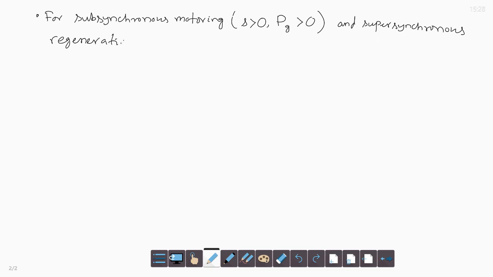For supersynchronous regeneration, for supersynchronous speed S is negative, and for regeneration generator operation PG is also negative.